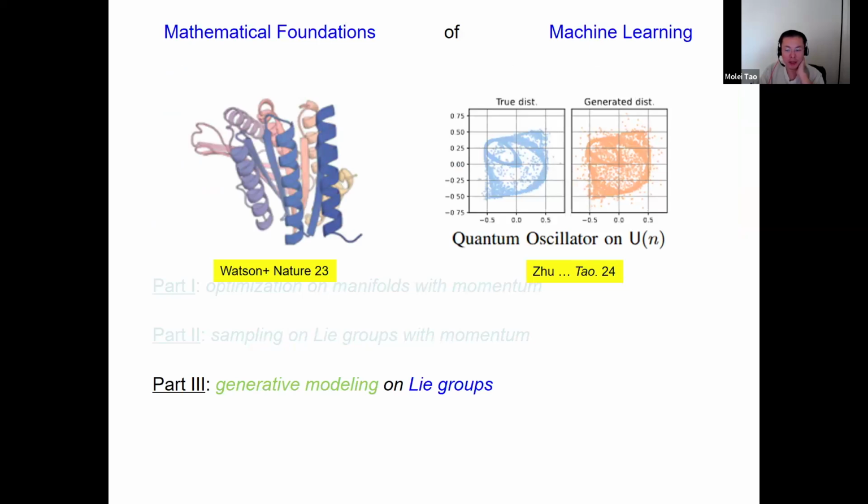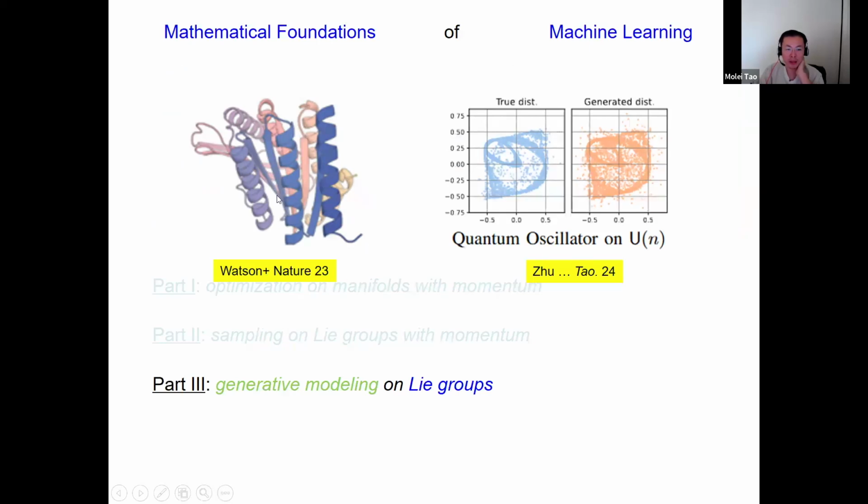So let me first say a few words about why you should care. Here are some applications. On the left is just a molecule, the configuration of a molecule. But this molecule is actually generated.